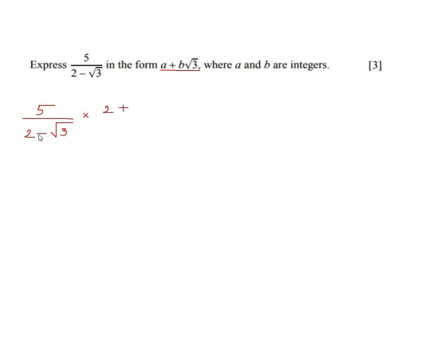Conjugate in the sense, if we have a negative here, we are going to write an opposite sign. So 2 plus radical 3 over 2 plus radical 3. So we have to multiply and divide the conjugate of 2 minus radical 3 over here. This is called rationalization.